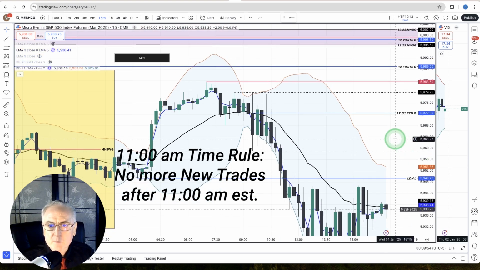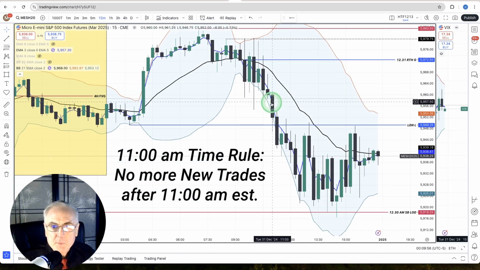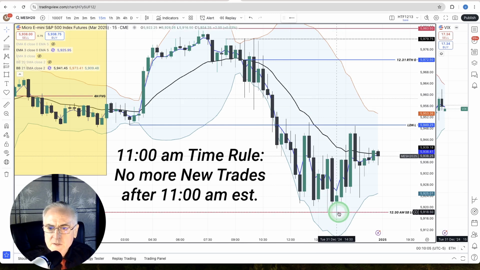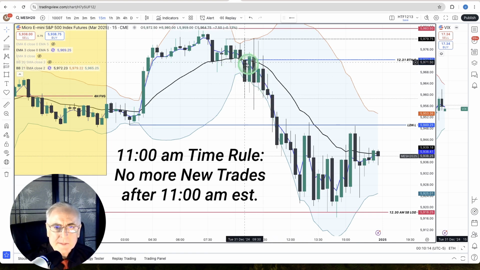And how much did it really plunge after the displacement candle at 11? So we closed here at 59.52, and the low of the day, it took the afternoon to get there, was 59.18. Yeah, it got there, but I don't like how it did it, and I was being very strict on leverage.